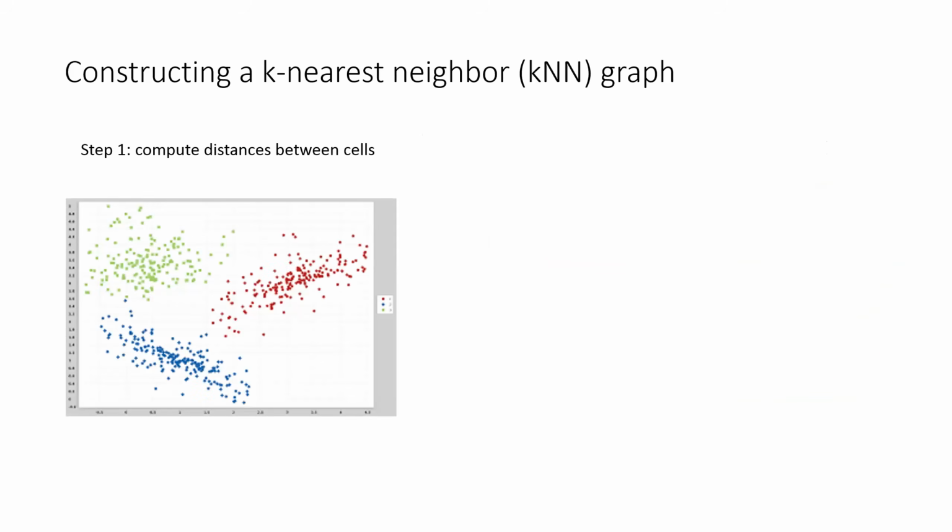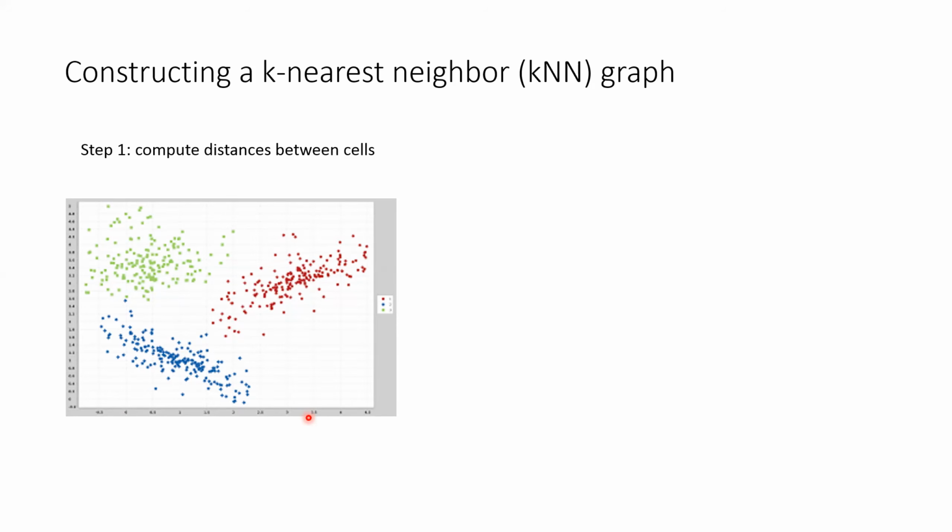So t-SNE and UMAP are both dimensionality reduction algorithms that attempt to preserve pairwise distances between neighbors. And both algorithms rely on a k-nearest neighbor graph. To construct a k-nearest neighbor graph, we first calculate the Euclidean distance between cells, which represents the cell-by-cell differences in gene expression space. And then we choose a k value, and k is the number of neighbors to identify.